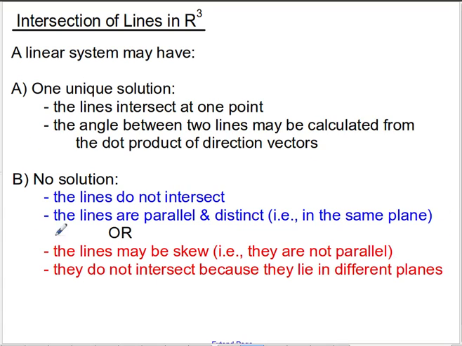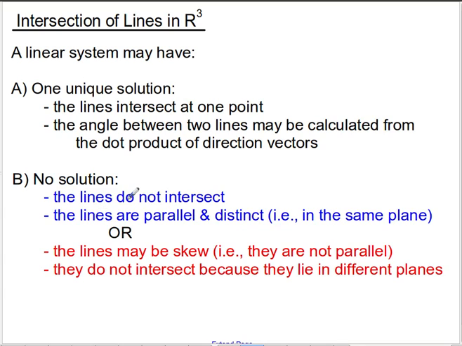The most common situation in R3 is actually this second one, no solution. And what I've got in blue here is actually the most common one of those. Actually, I'm sorry, no, the one in red is the more common of the two. So first of all, let's talk about what each one means.